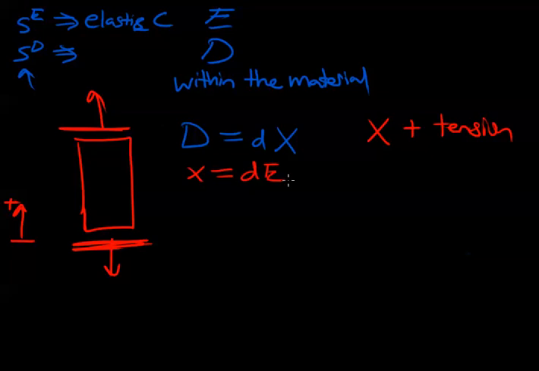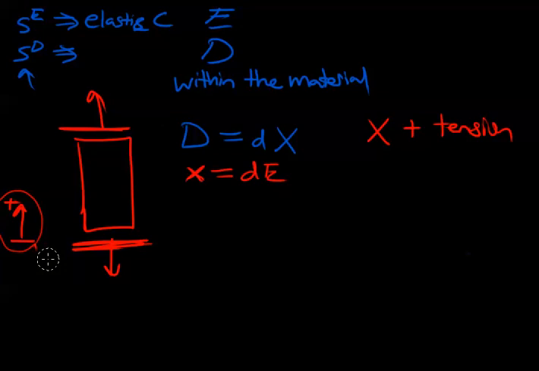Right? So when we apply an electric field, we get strain. But what is positive and what is negative? I'm saying when we apply a positive electric field with regards to this coordinate system, then we get positive displacement. And we'll get into this anisotropic stuff later.